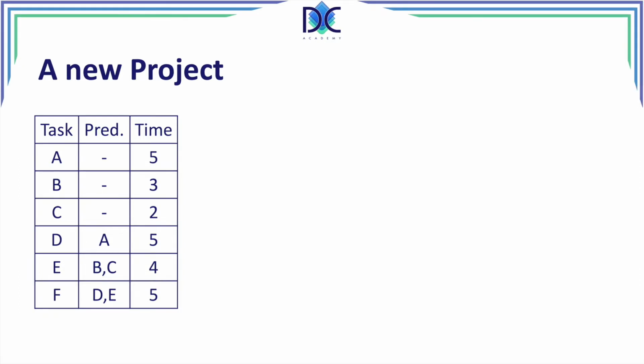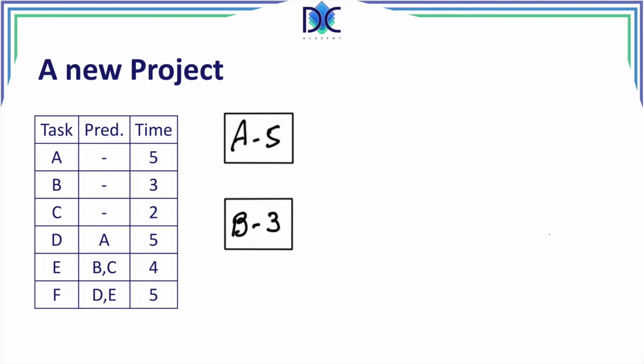We will start first with activity A with a duration of 5 periods. A doesn't have a predecessor, so we can start with A. The same for B with a duration of 3 periods, and for C with a duration of 2 periods.